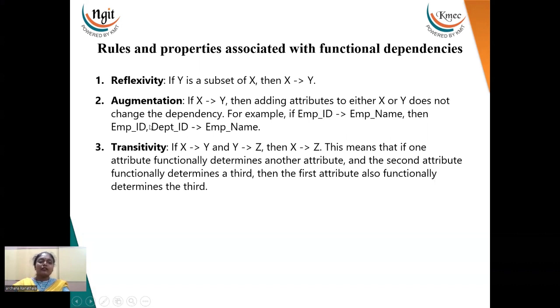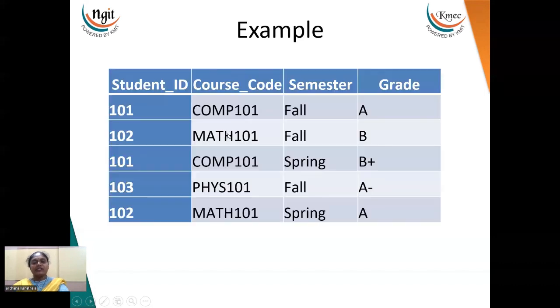So even in this manner, a combination of more than one attribute can also be used in order to derive the other attribute value. So this is augmentation. And the third rule is transitivity. If X determines Y and Y determines Z, which implies that X directly determines Z, right? So these are the three important rules and properties of functional dependency.